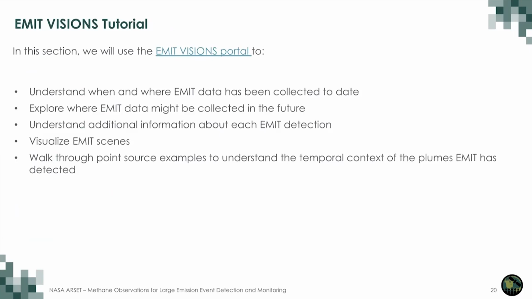We'll understand some auxiliary data around the EMIT detections that might be useful in the context of greenhouse gas emissions estimates. We'll visualize a variety of EMIT scenes, and we'll walk through a few point source examples to put kind of all that together. So now I'm going to go ahead and transition over to this link to get to the EMIT Visions portal.